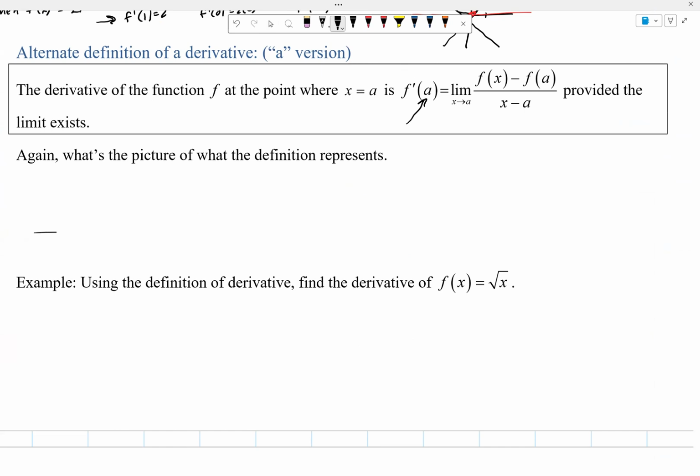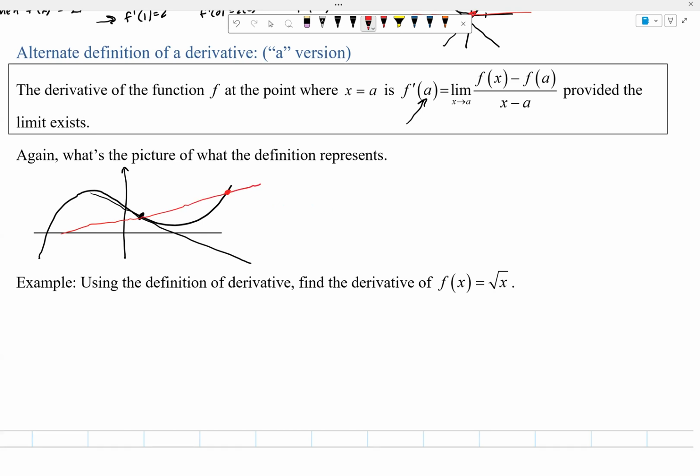Let's draw out what that looks like. So here's an x and a y axis. Here is some function. Let's say here is the point that I want to find the tangent line slope. It looks like that. Here is a point that I can draw a secant line.